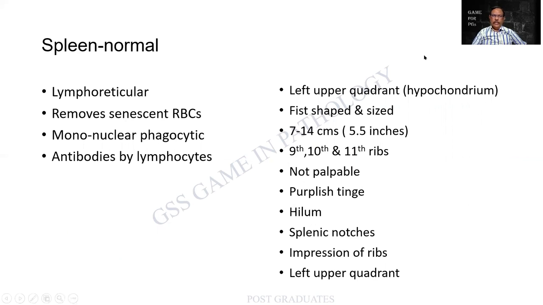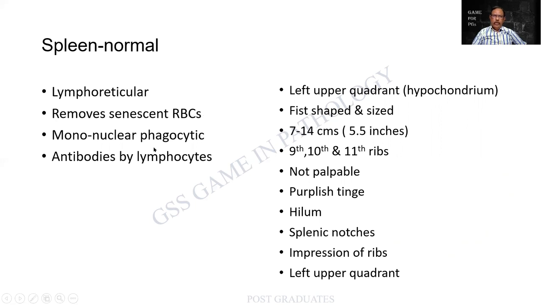When we talk about the spleen, we should remember certain fundamentals. One, it is a lymphoreticular organ. When I say lymphoreticular, it can be lymph node, thymus, bone marrow, spleen. The function is that it removes the senescent or old RBCs.